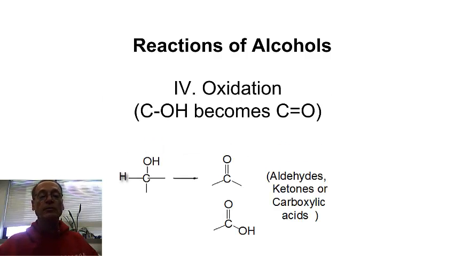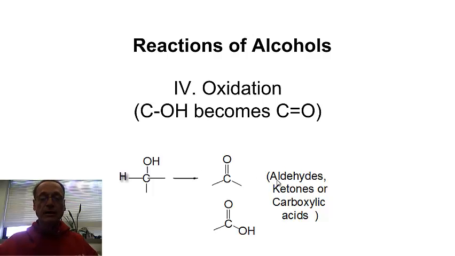And then finally, the fourth major type is called oxidation, and we'll have to review a little bit about redox reactions in general, which we will do in class, but the oxidation reactions of alcohols, essentially what we're going to be doing is taking C single bond O of an alcohol and making it into a C double bond O by removing hydrogen and removing actually another hydrogen from the carbon next door, putting in a double bond O, and in some cases not only putting in a double bond O, but also putting in another OH group, not the same as the original OH group.